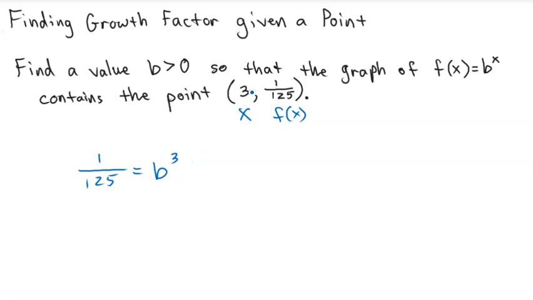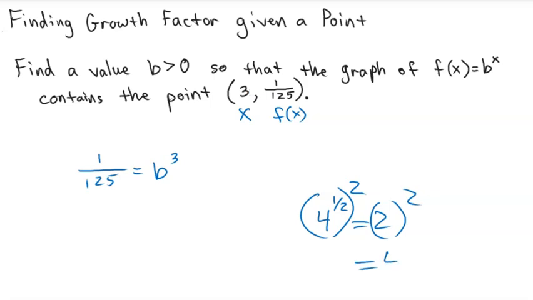Let me show you kind of on the side. Let's say that I had 4 to the 1/2 power, and I can tell you that 4 to the 1/2 power is equal to 2, okay? And I'll prove it to you, because if I raise this to the 2nd power, I also have to raise this to the 2nd power. Well, what is 2 to the 2nd power? Well, 2 to the 2nd power is equal to 4. So this must equal 4 also, right?